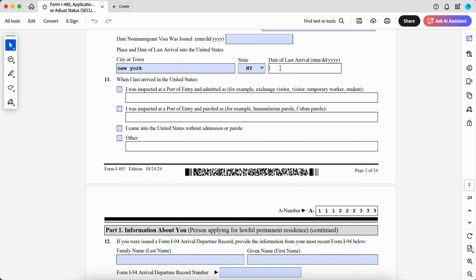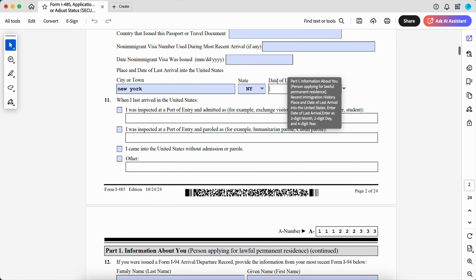When did you arrive at the airport? You can also find it on your I-94 form or in your passport on the stamp that was given to you on entry.